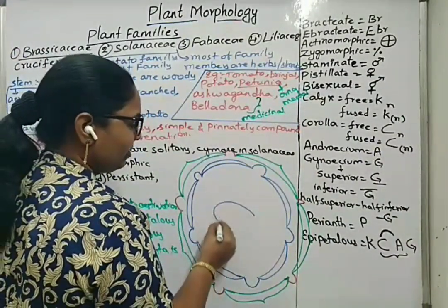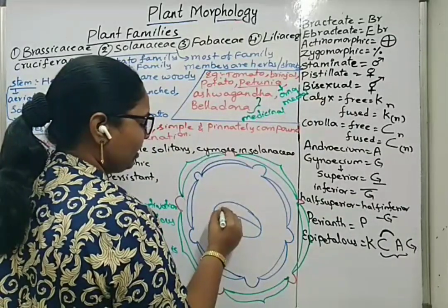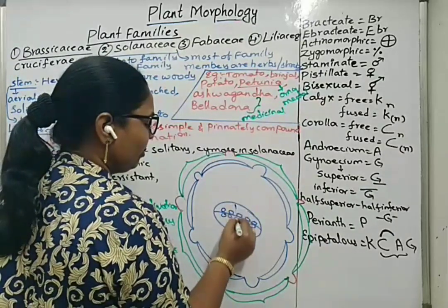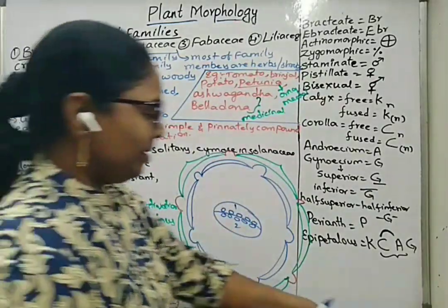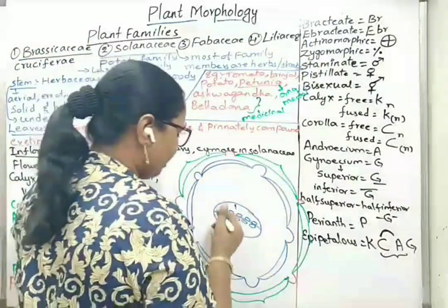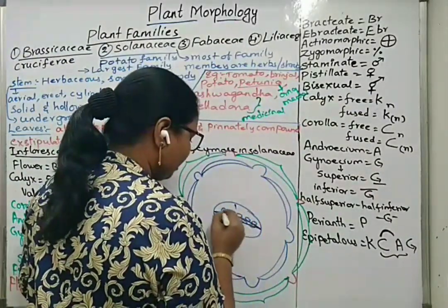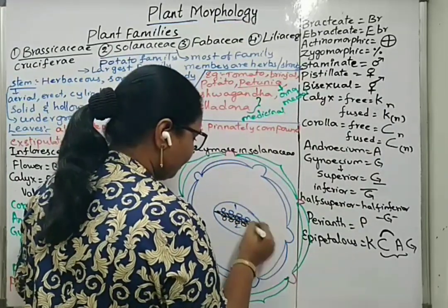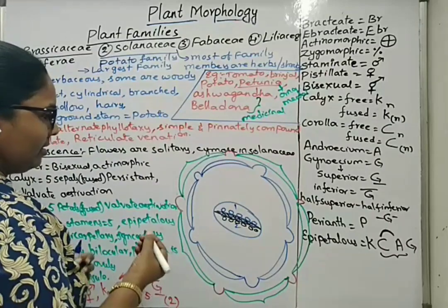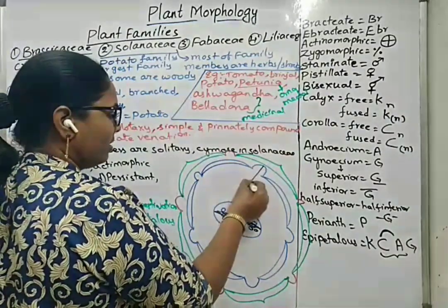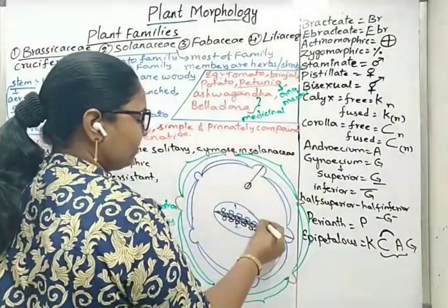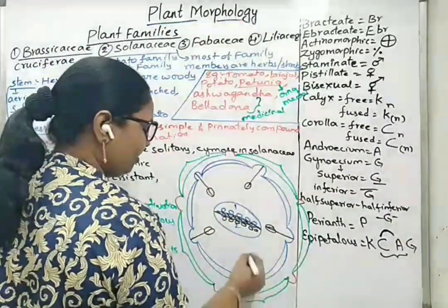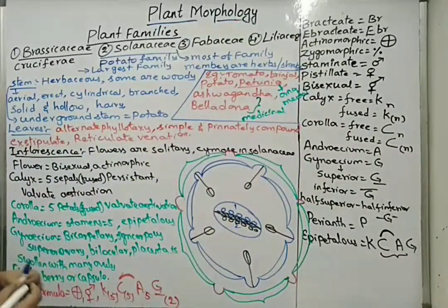Next, coming to gynoecium, it is bilocular. This is one locule, second locule, means chambered. Next, stamens are 5. Epipetalous, so stamens are fused to the perianth, like fused petals.